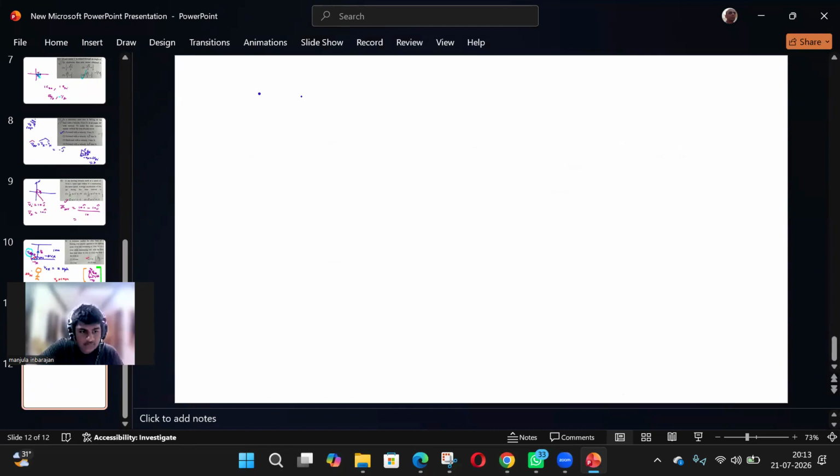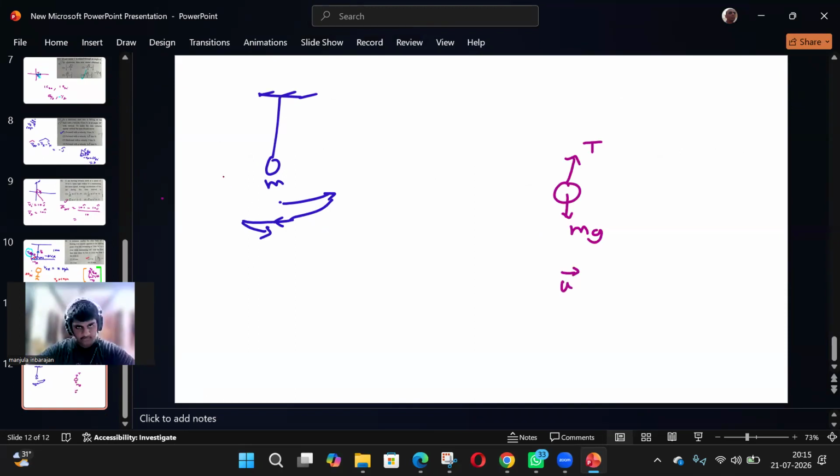For example, let me consider this simple pendulum. This mass is in contact with the string, right? So I remove the string and replace it by a force, the tension force. Similarly, gravity is there, so I remove the Earth and the gravity and replace it by a force, mg.